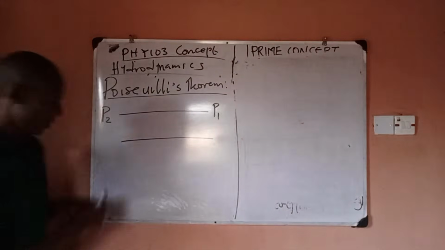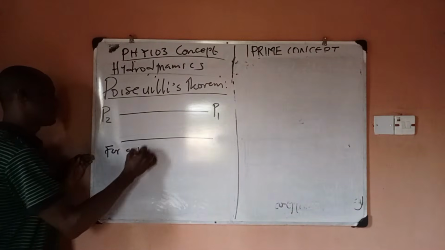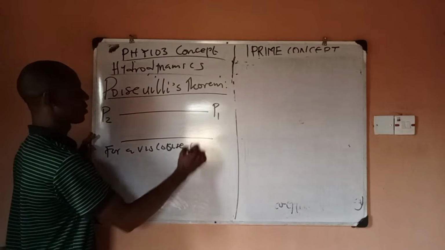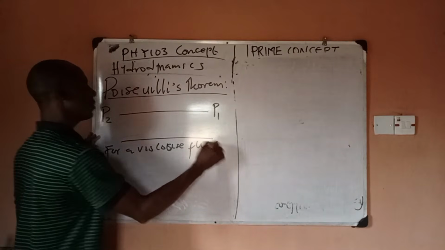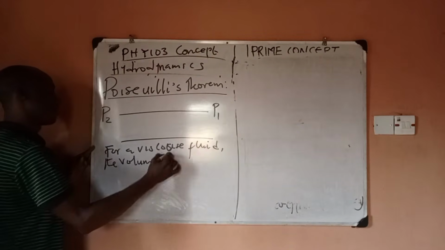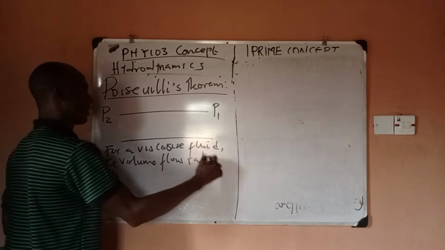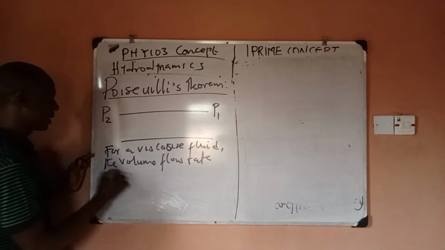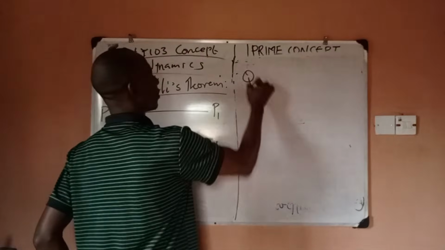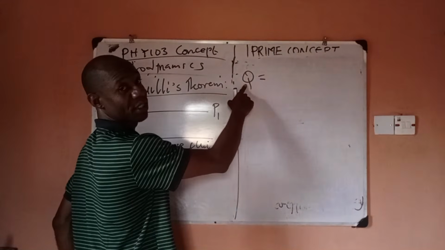Let me write. For a viscous fluid, the volume flow rate is given as Q. Remember, Q represents volume flow rate.